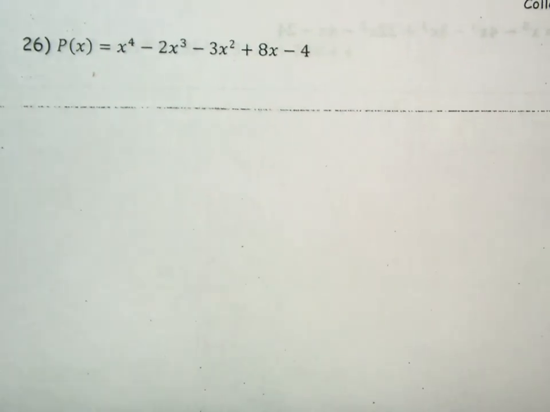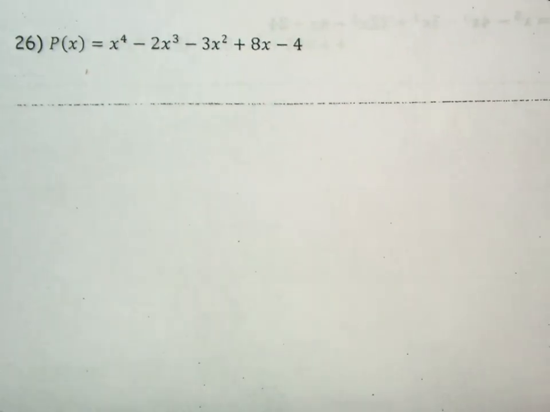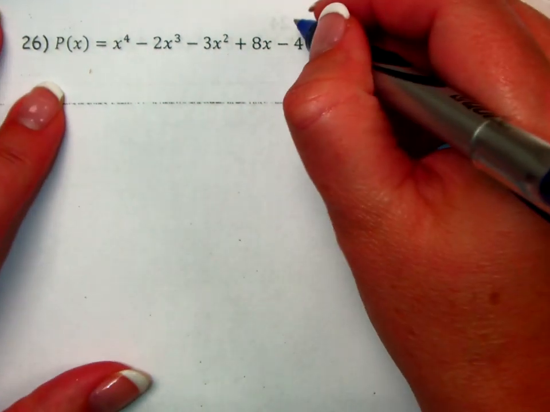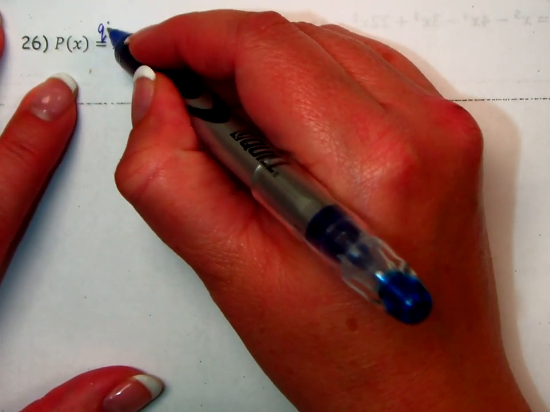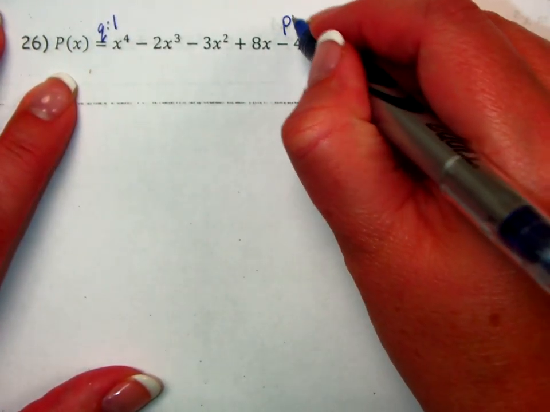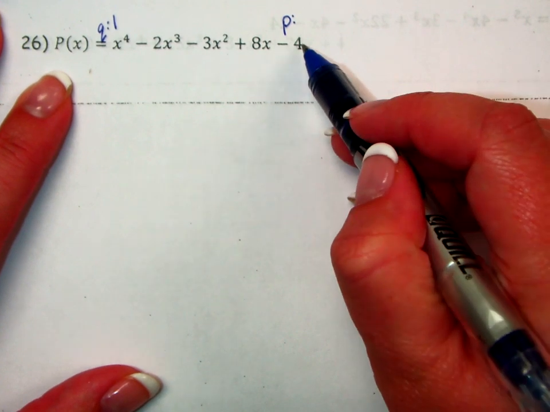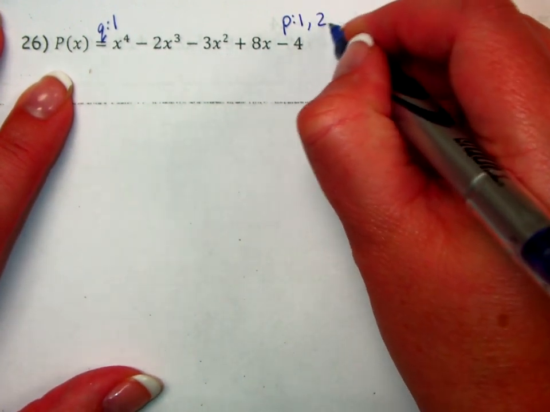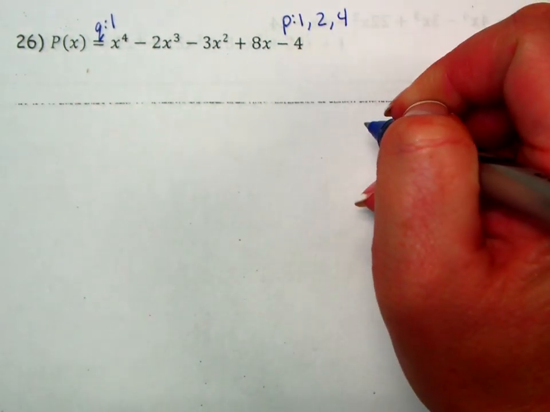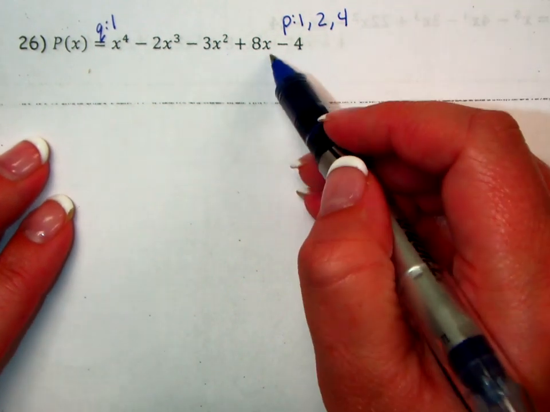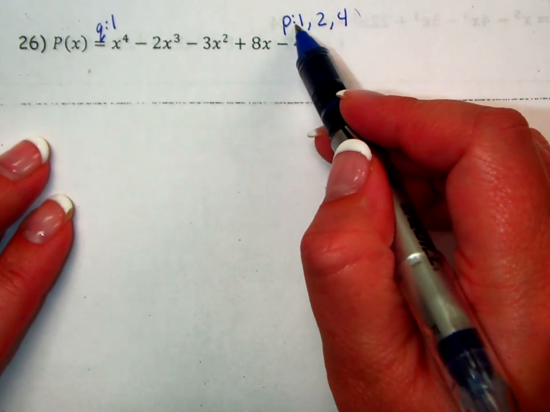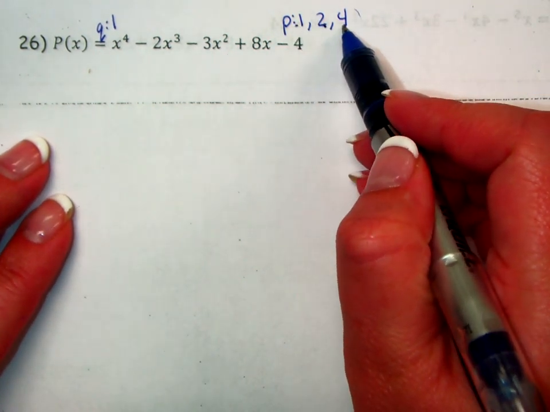Challenge me. Maybe not this one. This one probably just graphs again, because the q value is 1, right? The p value, the factors of 4 are 1, 2, and 4. So if I did plus or minus p over q, I would just get plus or minus 1, plus or minus 2, plus or minus 4.